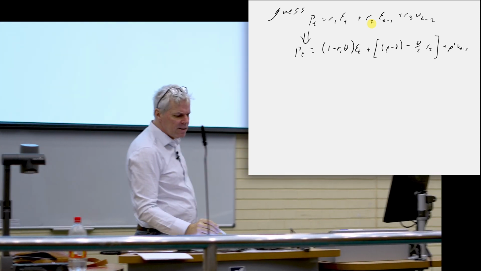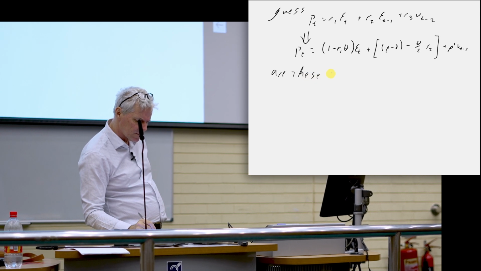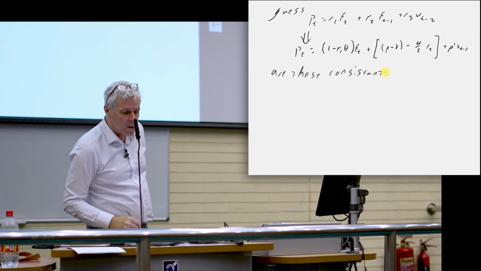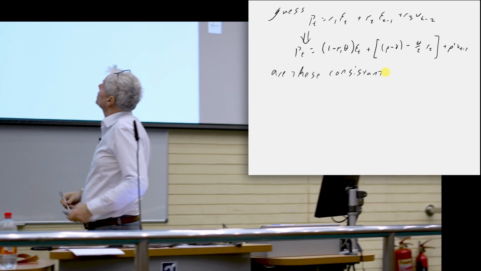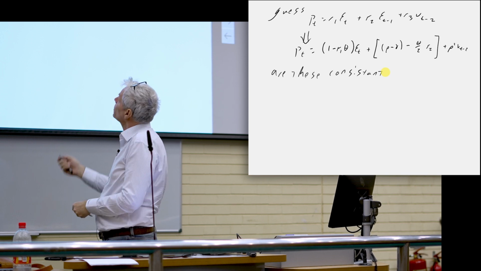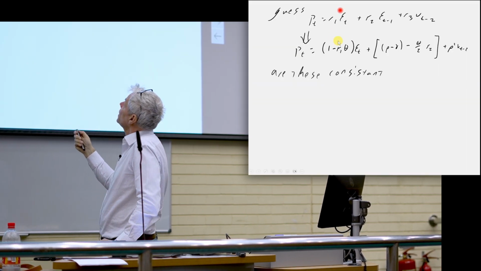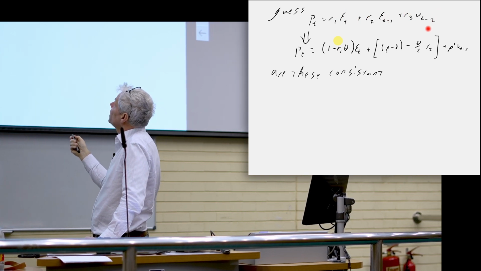So that's the idea. So we're wondering, does this look like our guess? Are these two consistent? Well, at first glance, yeah, it's looking pretty good, right? It's looking good because in our guess, we have something times E_t, something times E_t minus 1, and something times v_t minus 2.